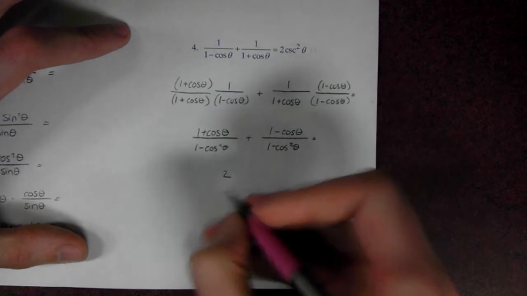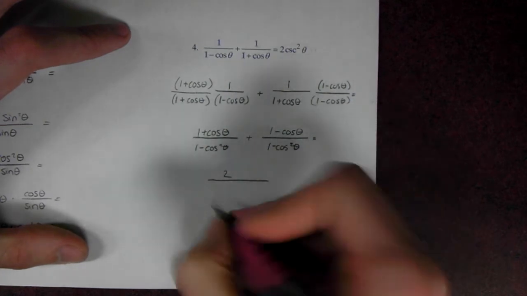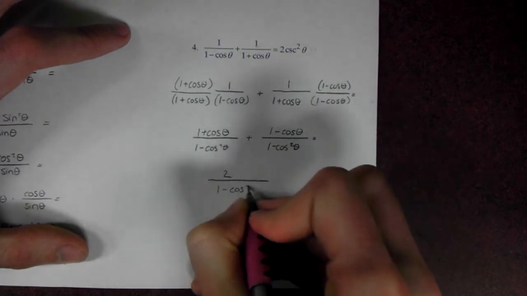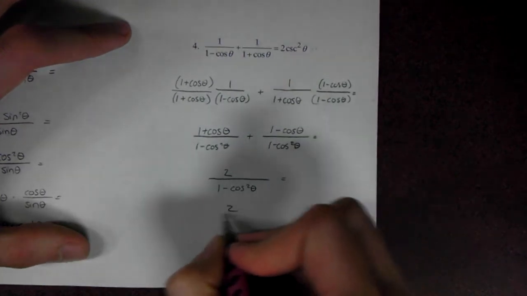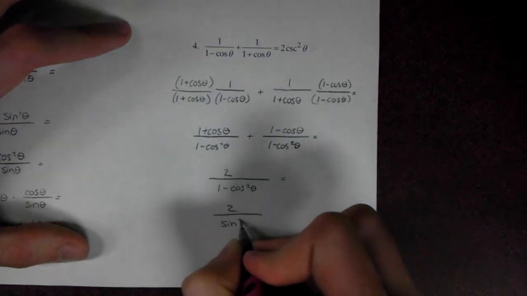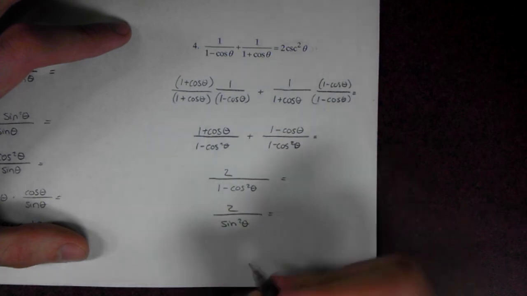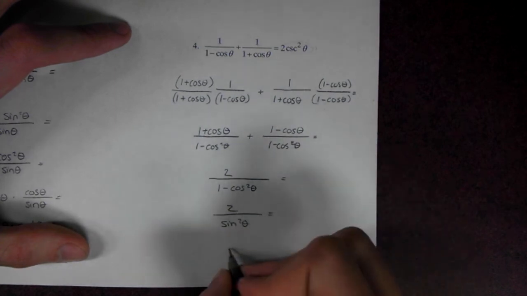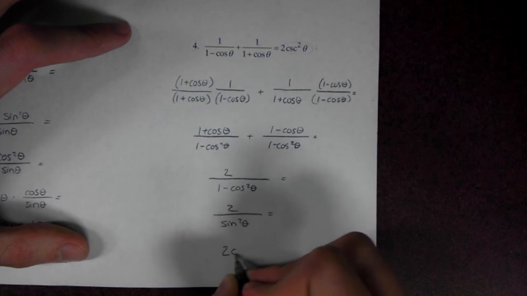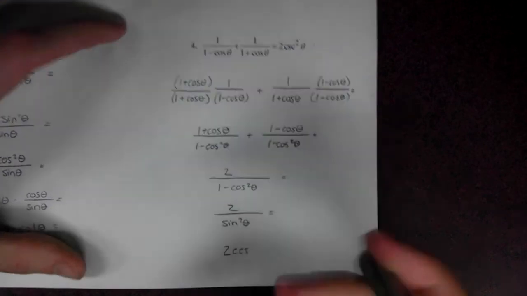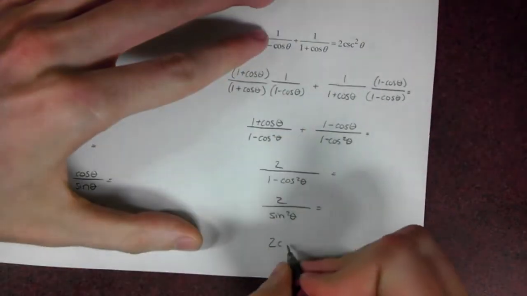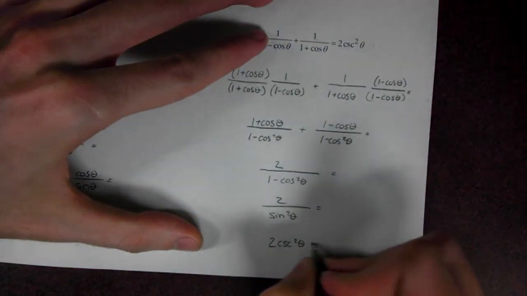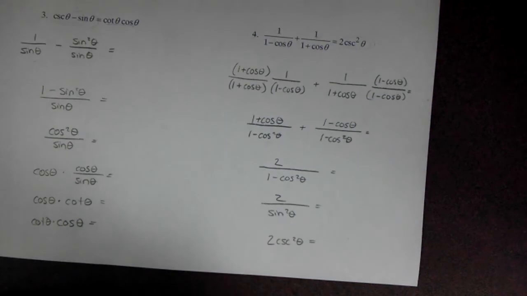Cosine plus negative cosine is no cosines. And recall that 1 minus cosine squared is sine squared. And that 2 over sine squared is the same thing as, I can never write cosecant. I don't know why that is. It's the same thing as 2 cosecant squared, which is the answer we were going for.